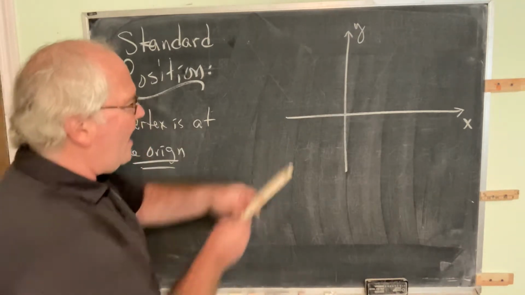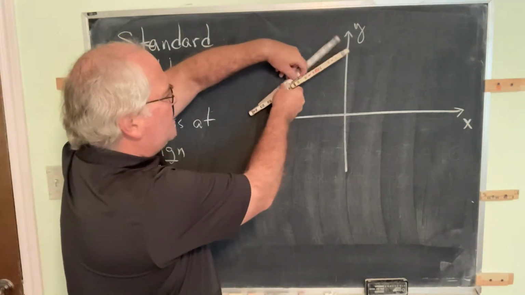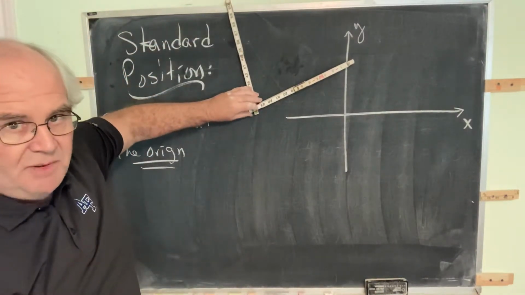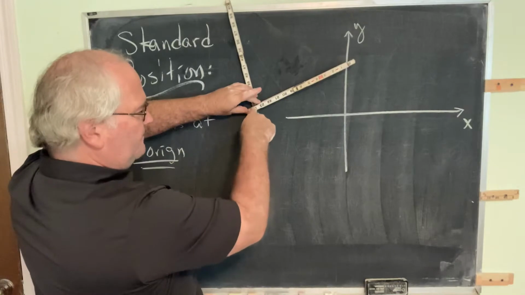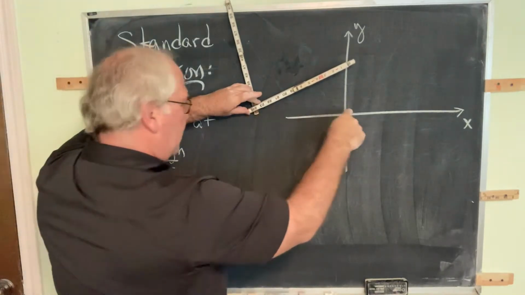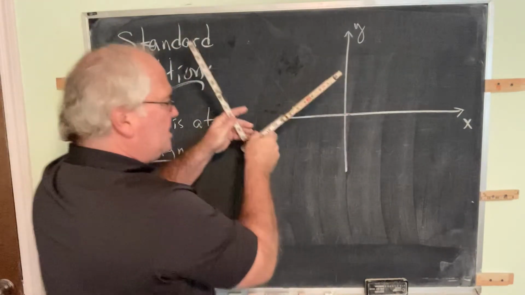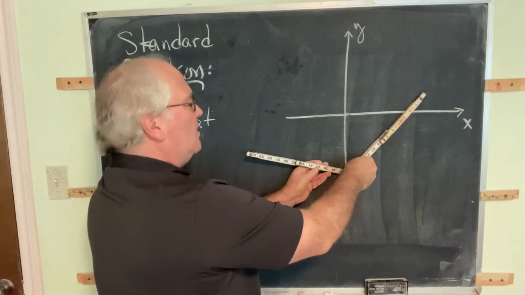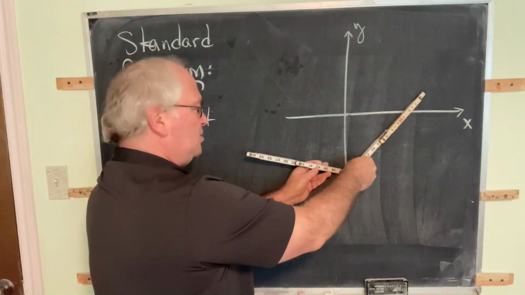If I have an angle right here, and I rotate it through this, there's my angle. This angle is not in standard position because the vertex, the common endpoint of the two rays, is not at the origin. If I start with this and rotate in this direction, that angle is wonderful, but it's not in standard position.